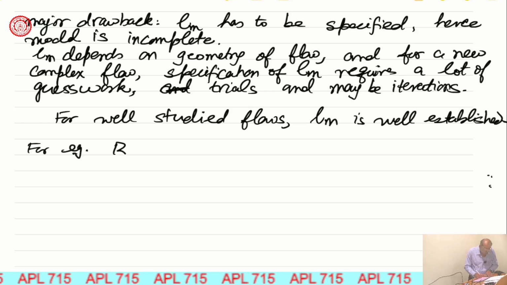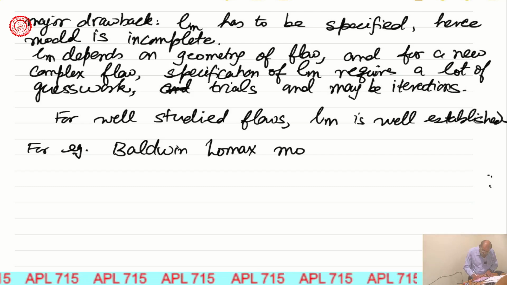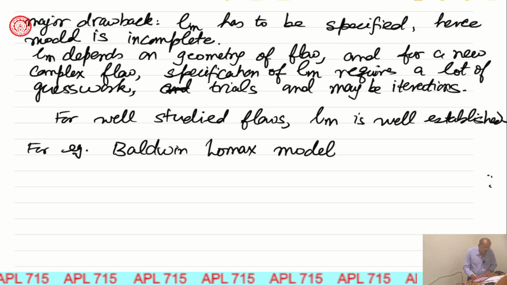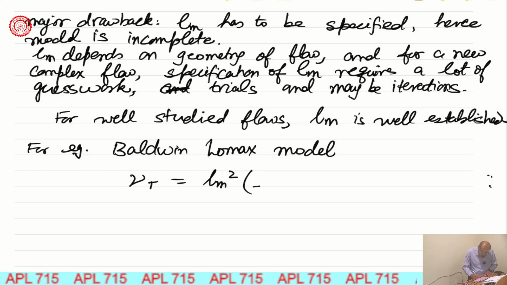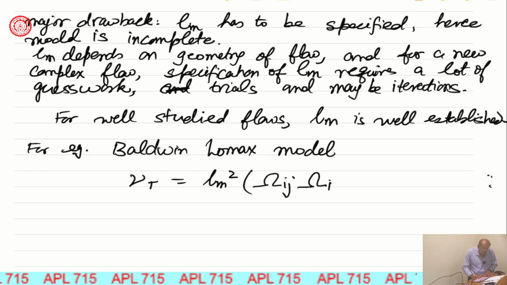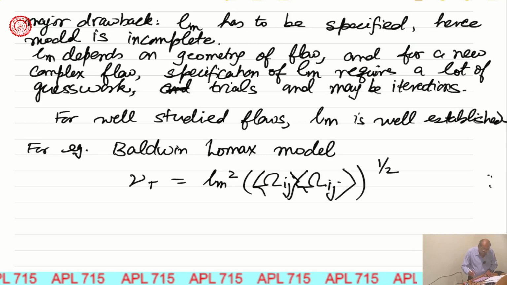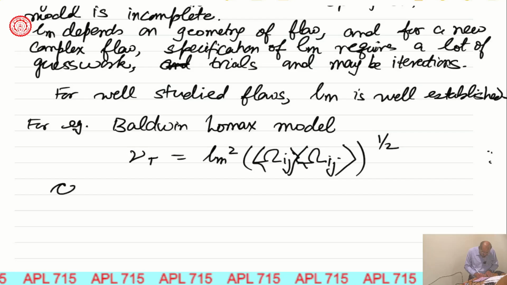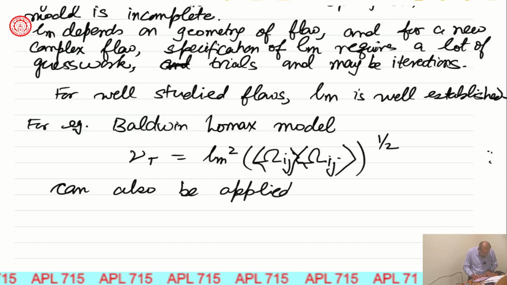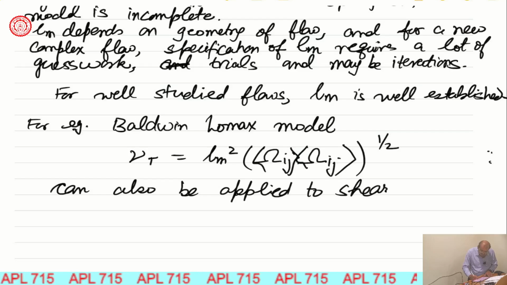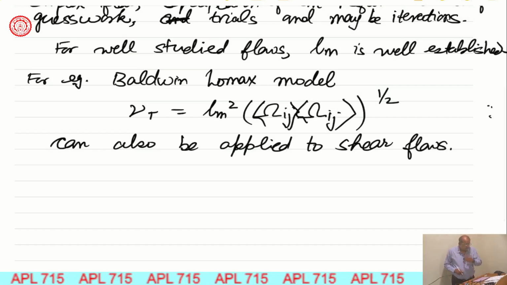For example, we talked of the Baldwin-Lomax model where we wrote nu t was equal to Lm square times the mean of omega ij to the power of half, and this model can also be applied to shear flows.